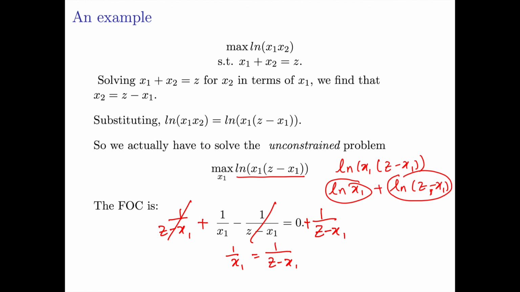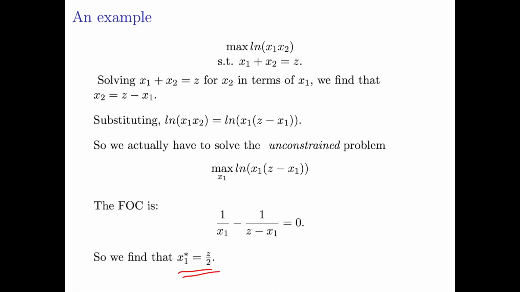If we take the reciprocal on both sides, we get x1 equals z minus x1. Now we can add x1 to both sides. The negative and the plus x1 cancel. So we get 2x1 equals z. Divide both sides by 2. The 2's cancel. So we get x1 equals z over 2. That's our optimal value of x1.